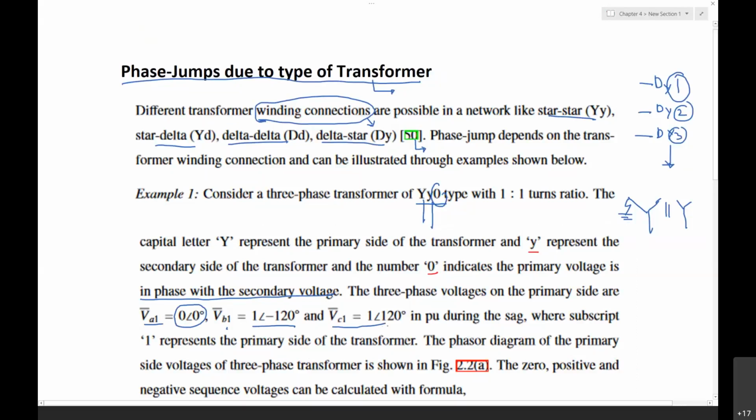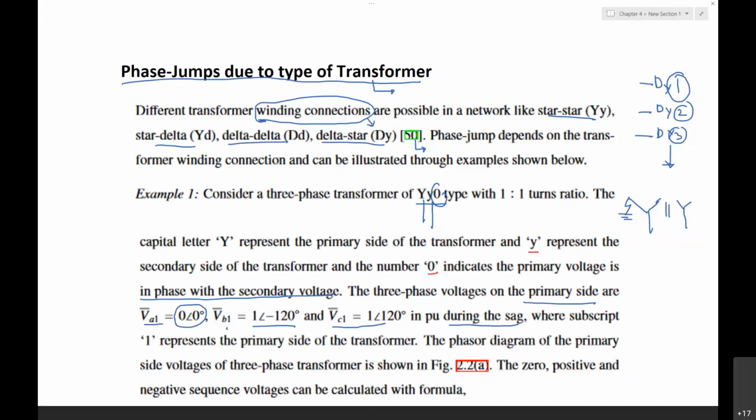These are the voltages on the primary side during the sag or during the fault. Now, whenever you study a three-phase system with any unbalanced voltages, you have to look into the symmetrical components.